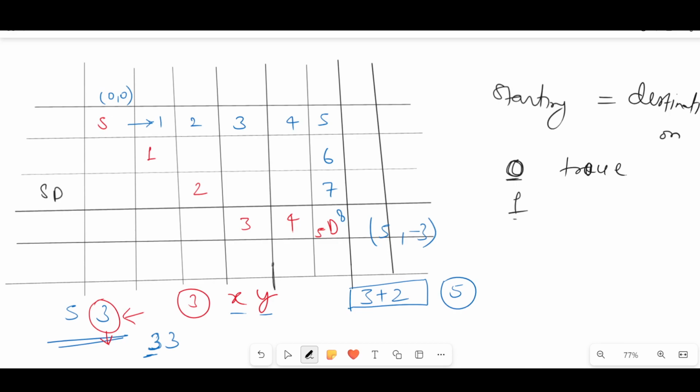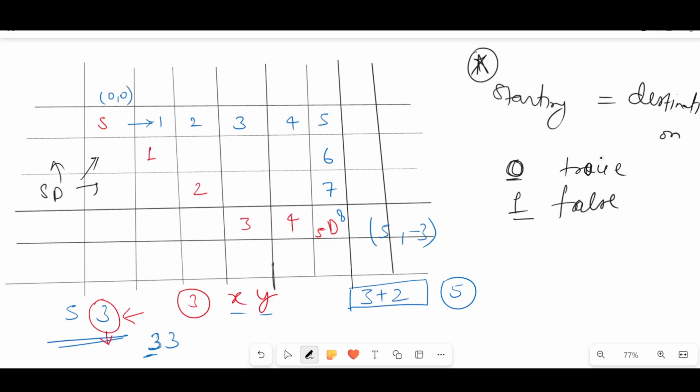If the time is given as 1, then we have to make one move. We will go one place away from the destination, so we are not currently at the destination, and we return false, because after making the move we move out of the destination. This is the condition only when starting is equal to destination.